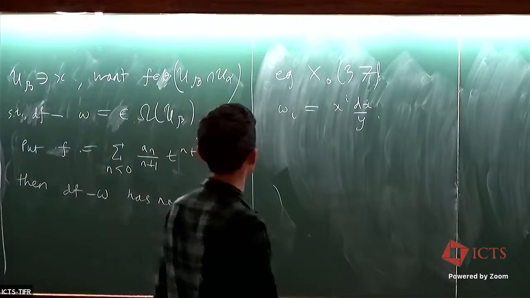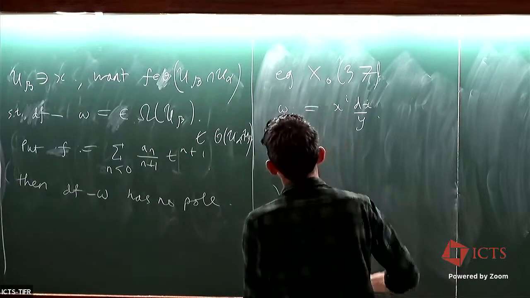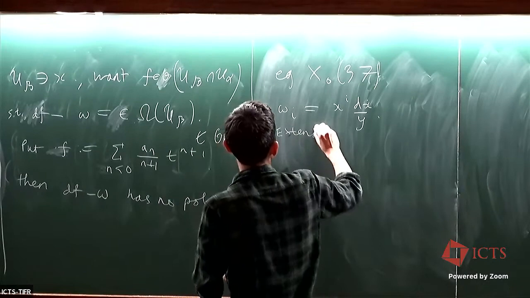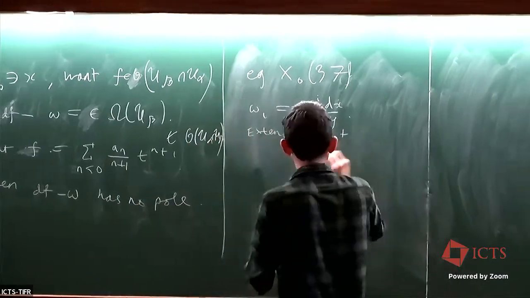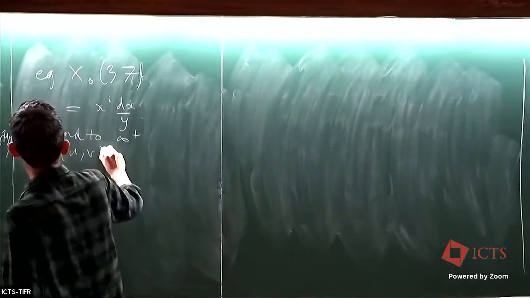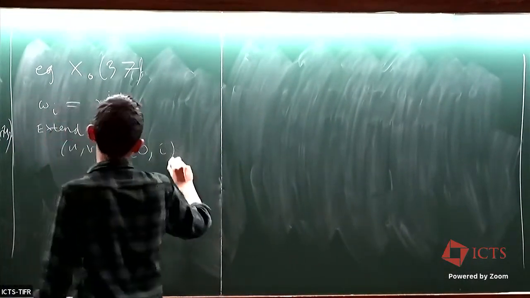So we'll just pick one of them, and I'll call that one infinity plus. So in terms of u, v, that's the point u, v equals 0, i, let's say.